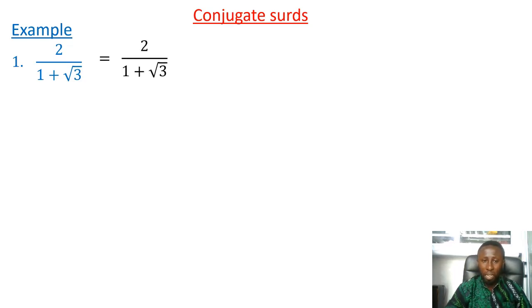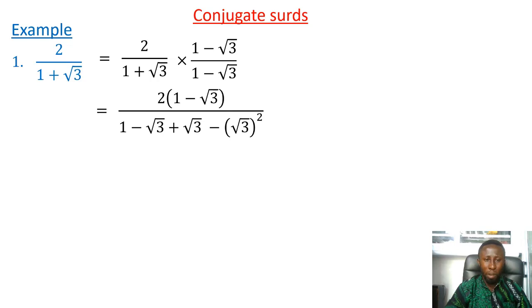So this is what we are saying. The denominator 1 plus root 3, the sign will change. So it's 1 minus root 3 times the numerator and the denominator of the question. Therefore, 2 times 1 minus root 3, and then 1 plus root 3 times 1 minus root 3.